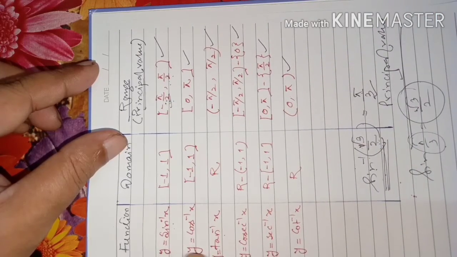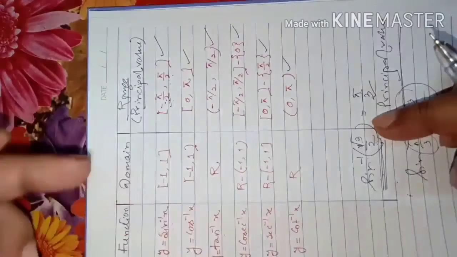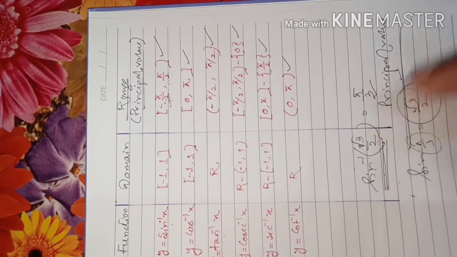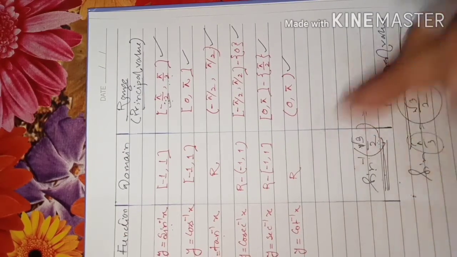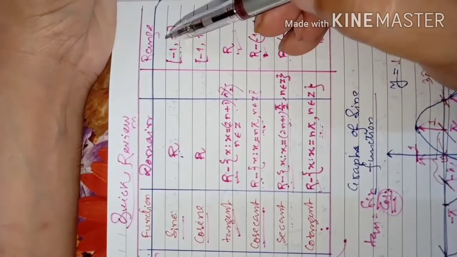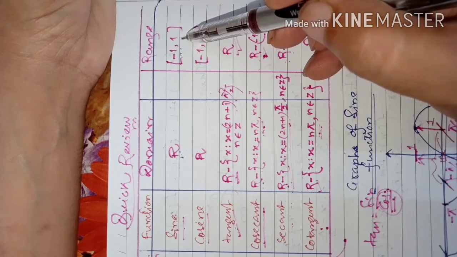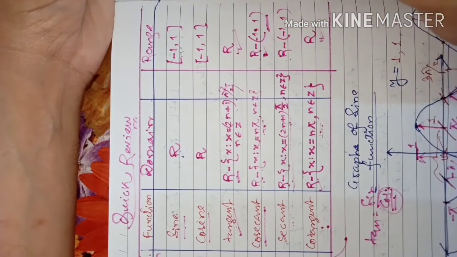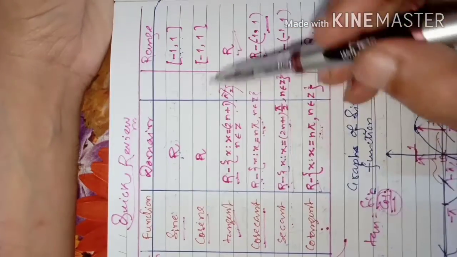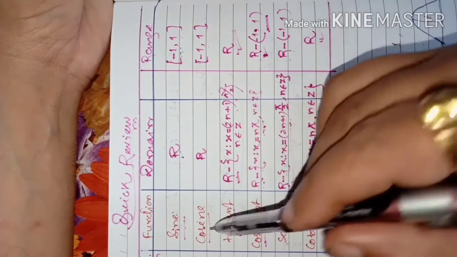For all these, like cos inverse, it is now easy to remember because the domain is actually the range of the trigonometric functions. Just compare this table with the previous table that I have shown you. Here, for the sine function the range was -1 to +1. That has become the domain now for the sine inverse function. For cos, -1 to +1 has become the domain for the cos inverse function.